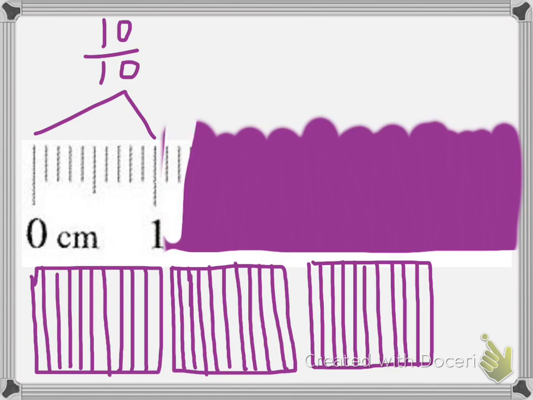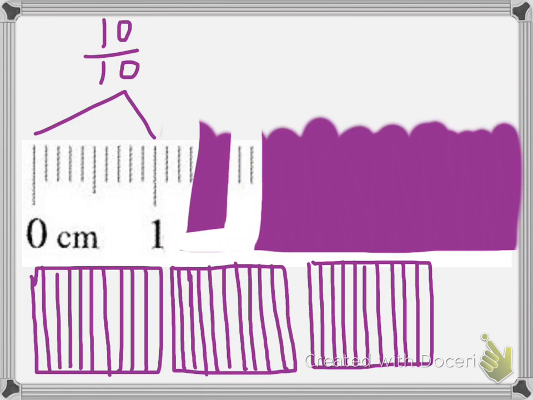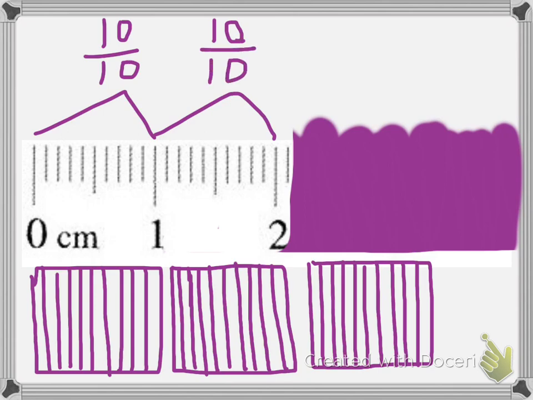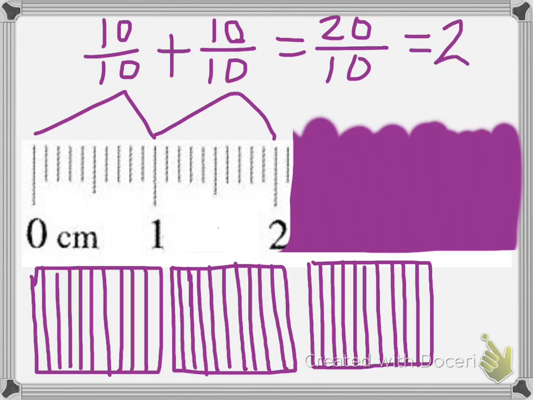If I now reveal out to the 2 centimeters, I know that here also has 10/10, okay? And together, that 2 centimeters equals 20/10. And now if I have 20/10, I have 2 wholes.